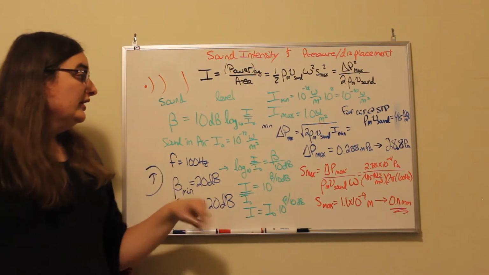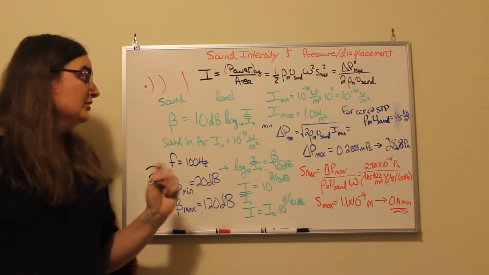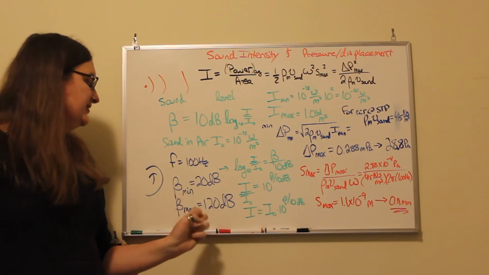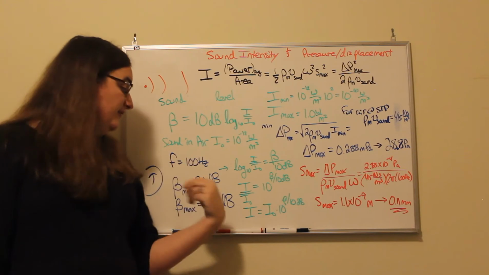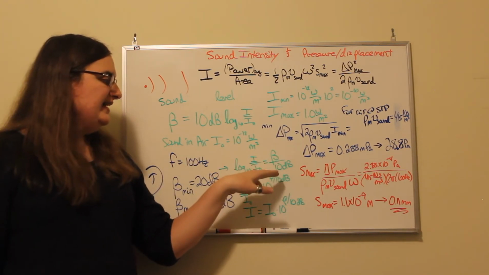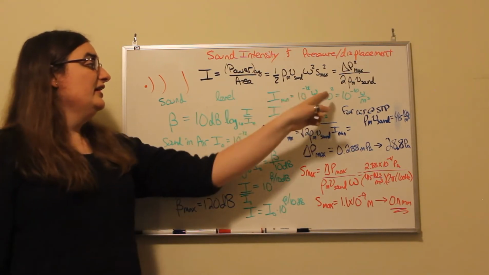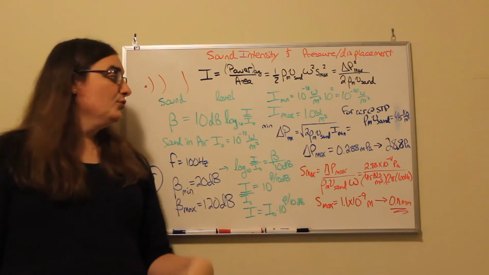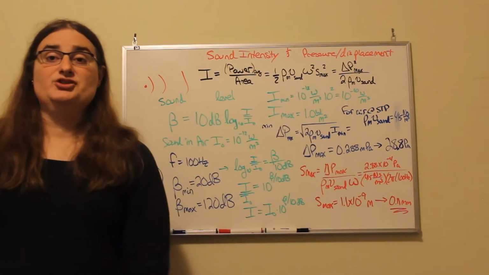So if I wanted to take a look at the minimum for the case of 100 hertz sound, my minimum sound level is 20 dB. So I take 20 divided by 10, so that gives me 2. 10 squared is 100, and 10 squared times 10 to the negative 12 watts per meter squared is 10 to the minus 10 watts per meter squared.